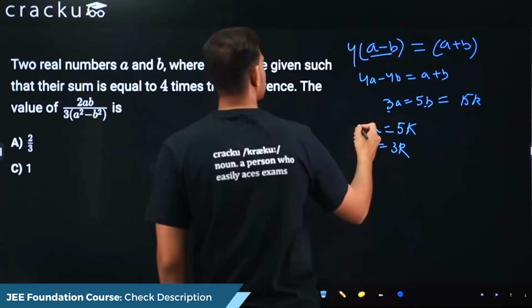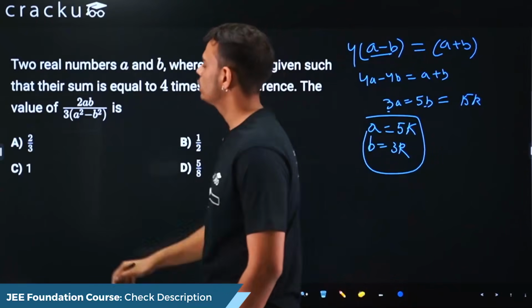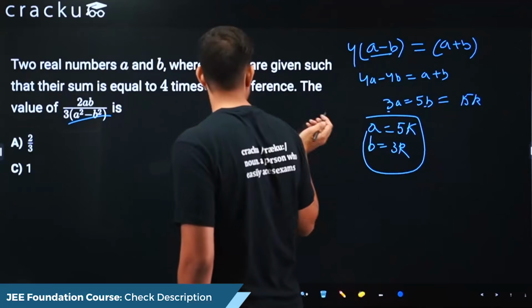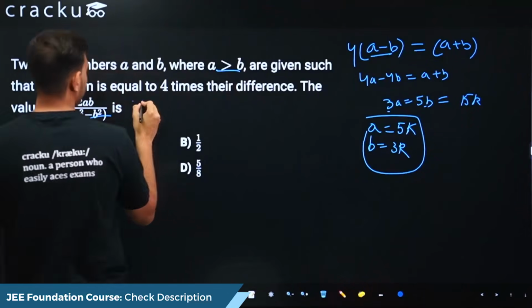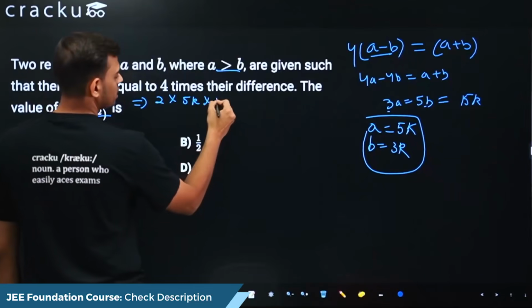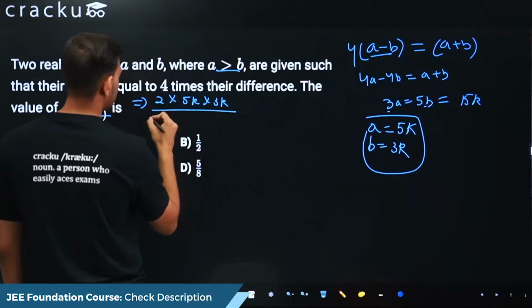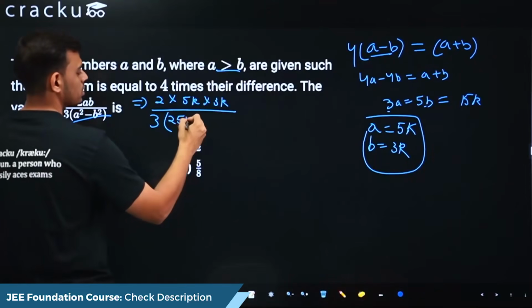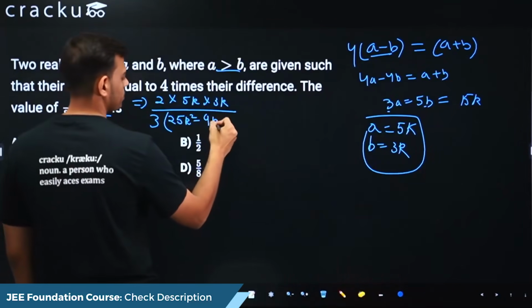I calculated these two values because I need to calculate the value of this expression, which consists of a and b. Now, I can simply put the values of a and b. I will get 2a is 5k, b is 3k, divided by 3, a square minus b square. A square is 25k square, b square is 9k square.